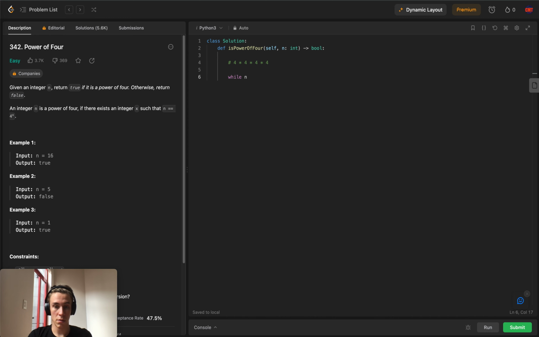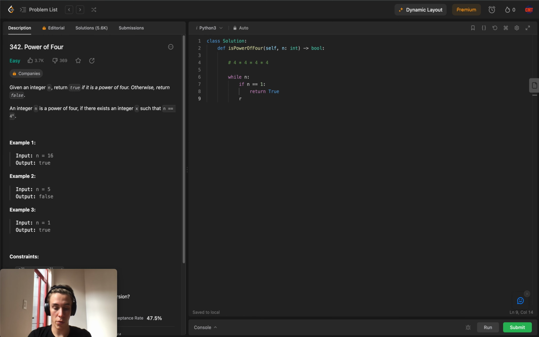So while n, if n is equal to 1, return true, because that means we've already reached the base case.